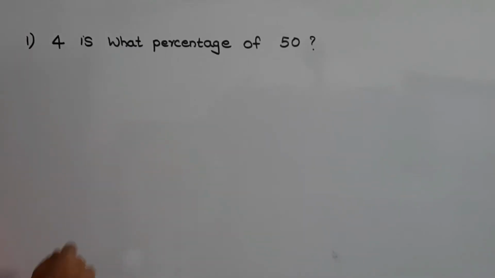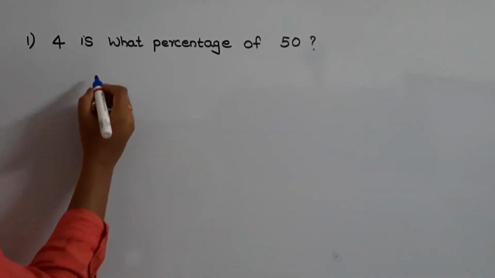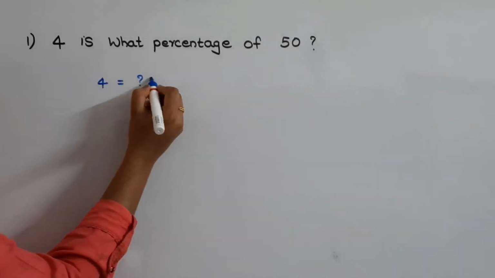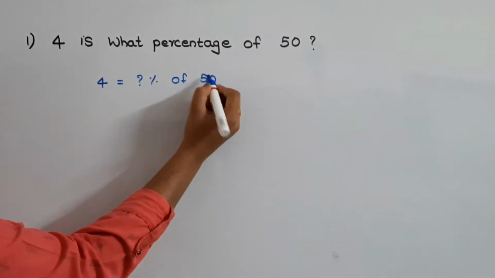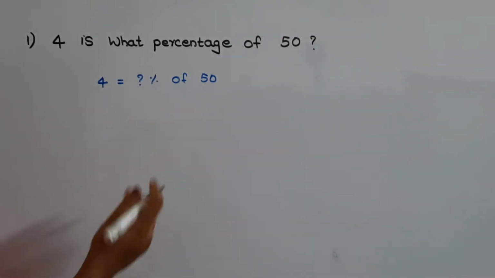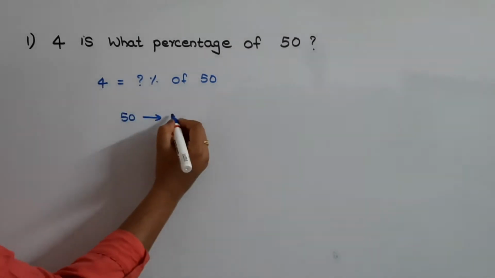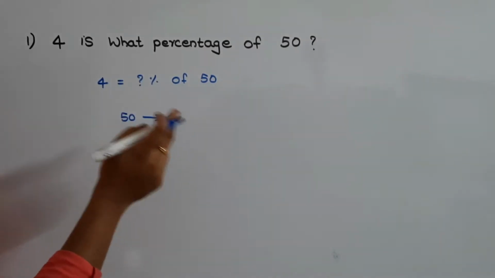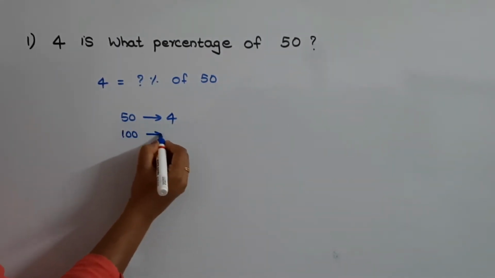The first question is: 4 is what percentage of 50? We need to find 4 is equal to what percentage of 50. They are asking for 50 if the value is 4, and we need to find the percentage, which means for 50 if the value is 4, for 100 what is the value?